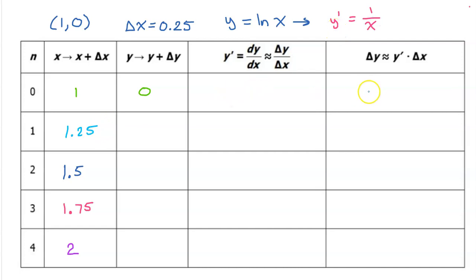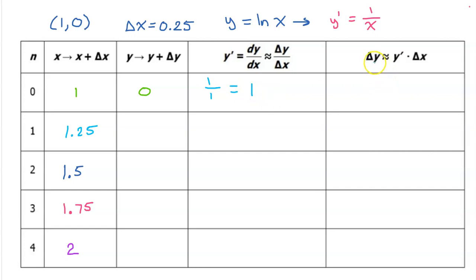I'm switching to light blue now because these next two boxes are meant to help us calculate this next y value. So first we need y prime at x equals 1. Since y prime is 1 over x, that is 1 over 1, which is 1.